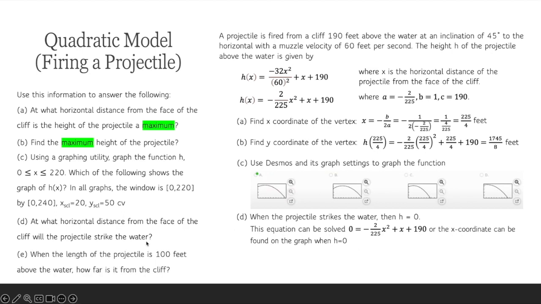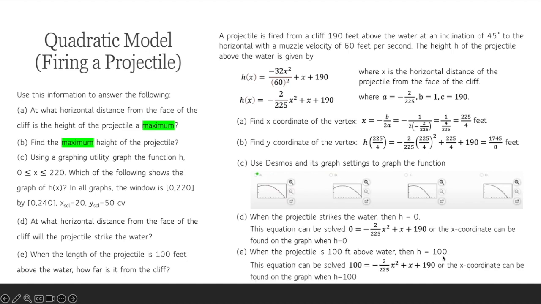Okay, last question. When the projectile is 100 feet above the water, how far is it from the cliff? So what you have to do here is explain. To find this, when the projectile is 100 feet above the water, then my h is 100.